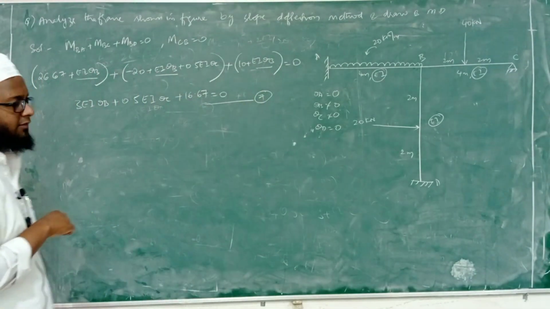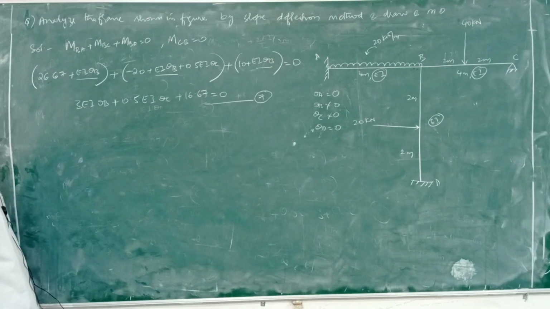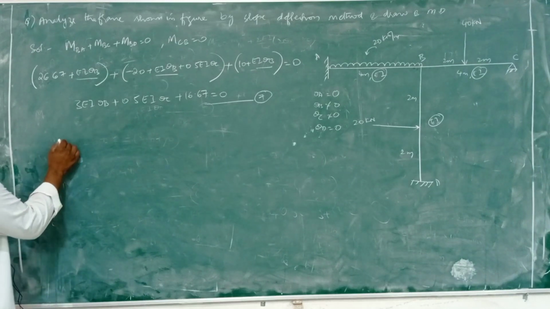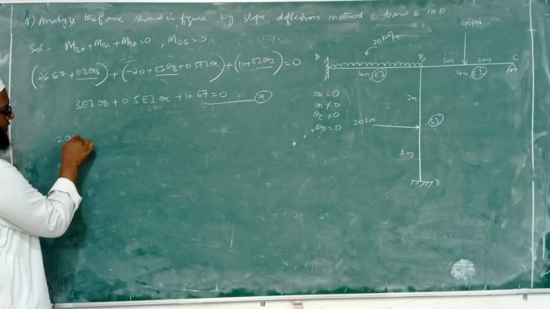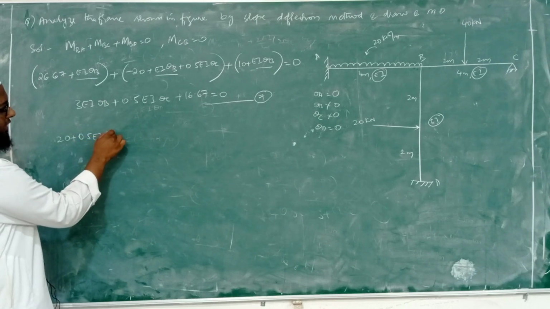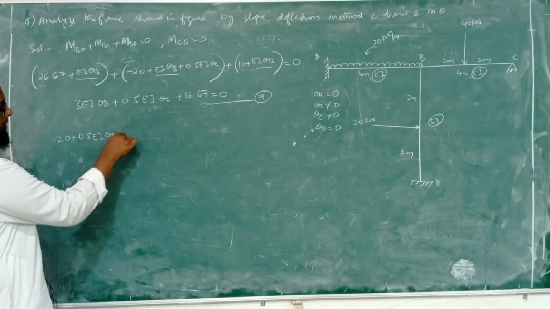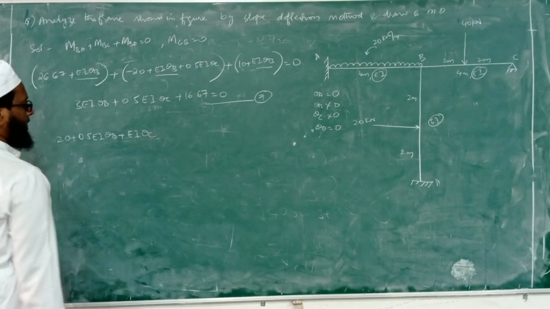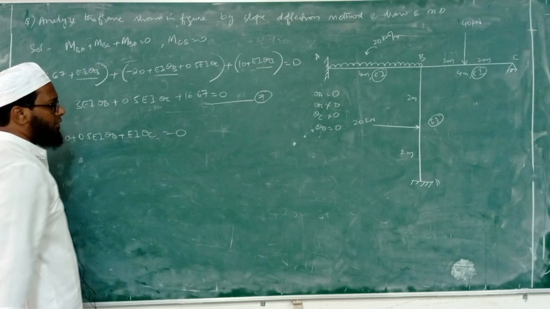Okay. Next we have MCB. What is the equation MCB? Fourth equation. 20 plus EI theta... equal to 0.